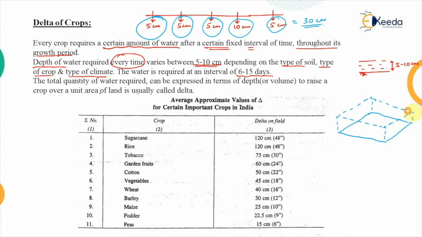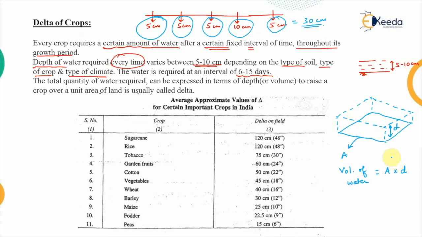Now on top of it the water will be resting. Let's say this area is A, and the depth of the water which is required is D. So the total quantity of water which will be stored in this area will be the volume of water. So the volume of water that will be stored is equal to the multiplication of the area with the depth of the water.